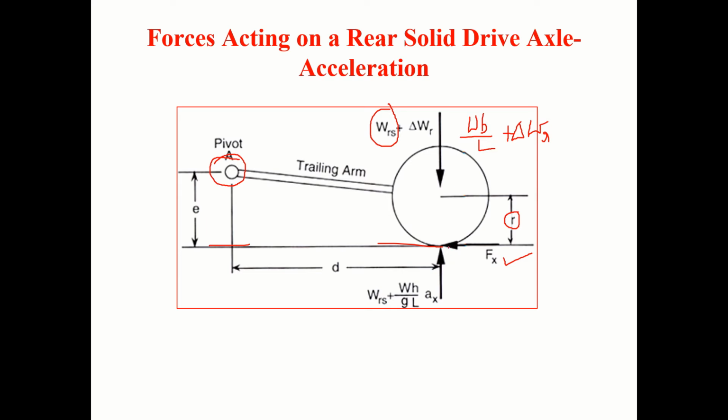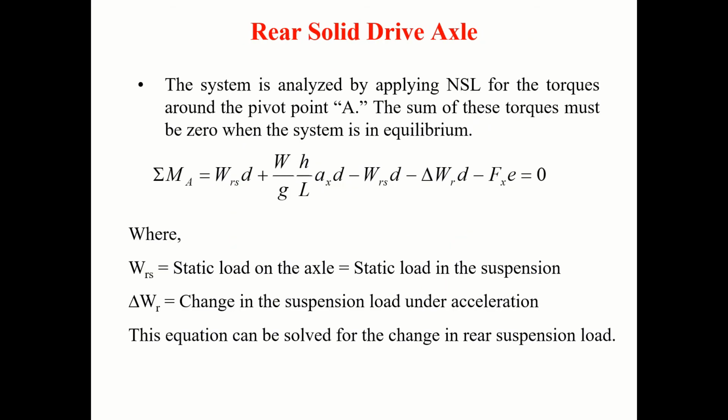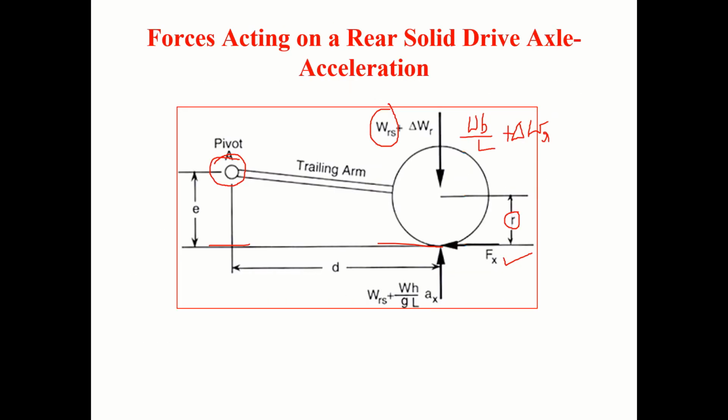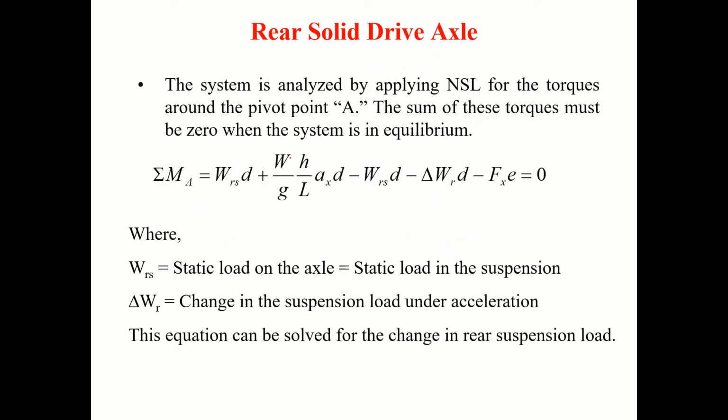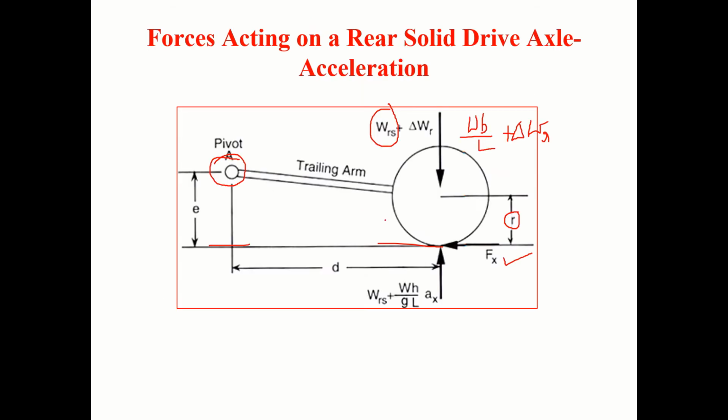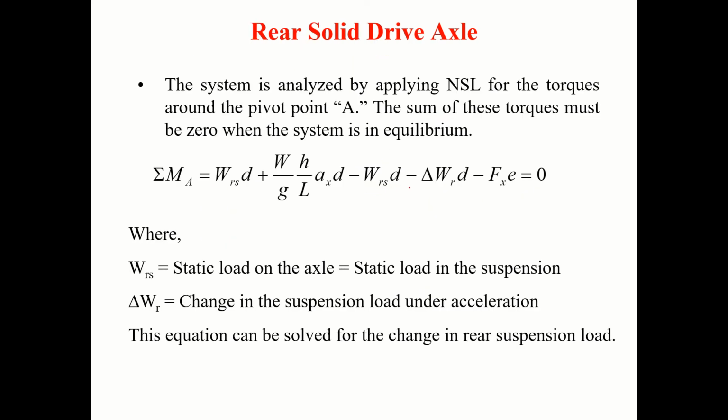Now let us take moments about pivot A. WRS times d plus W by g times h by L times Ax into d. These are the moments like this. And let us take this moment, WRS times d minus delta WR times d.